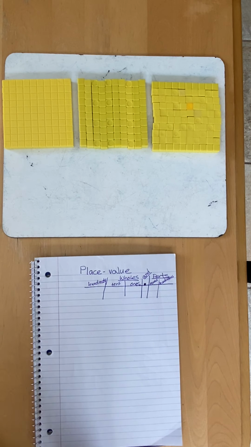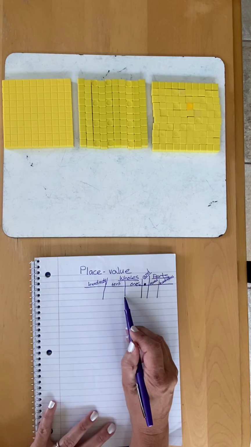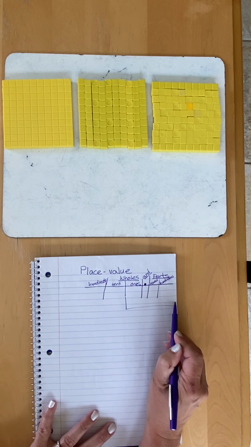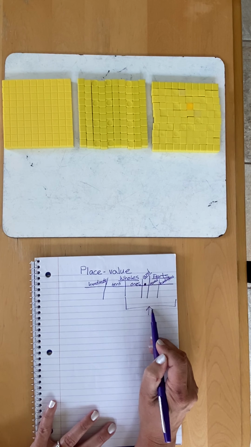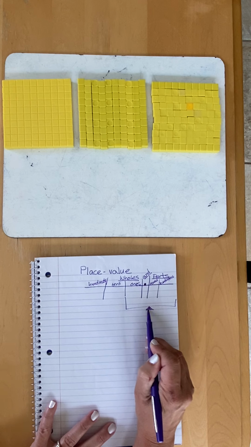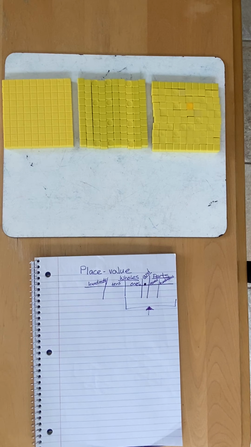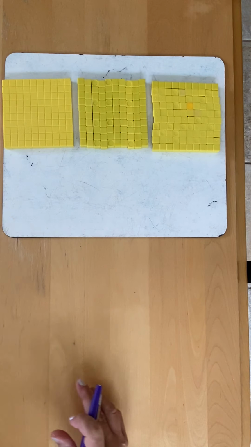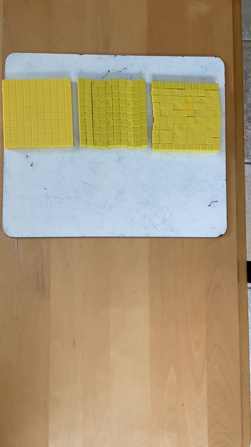After this video, I will do another video taking it even farther on our place value chart. But we're going to really focus right now on this part of our place value chart. So let's go ahead and put our notes aside for a minute and let's look at our models.